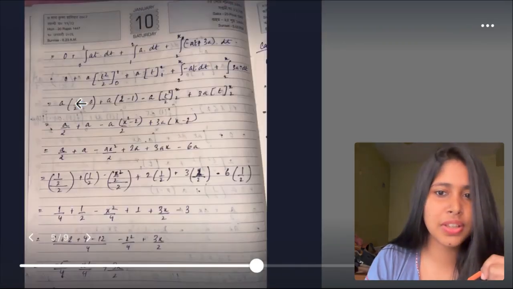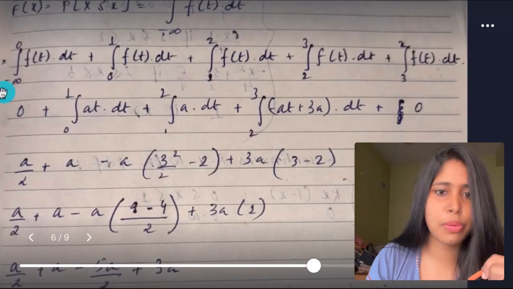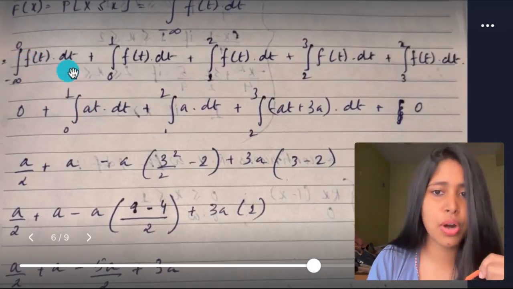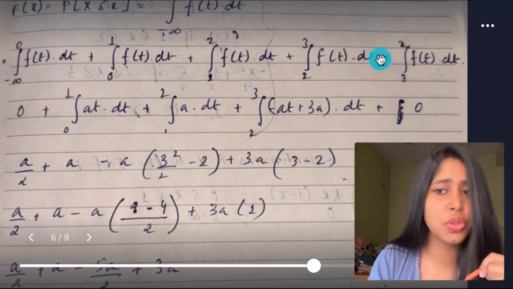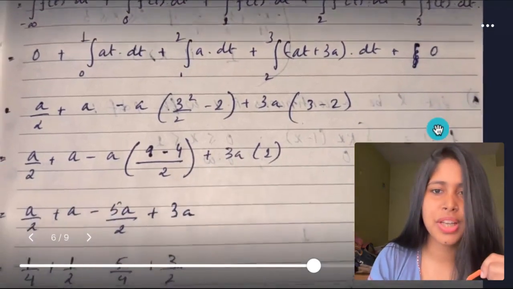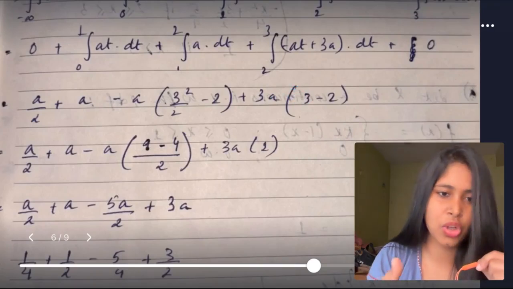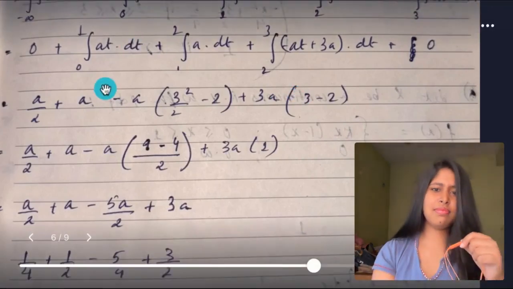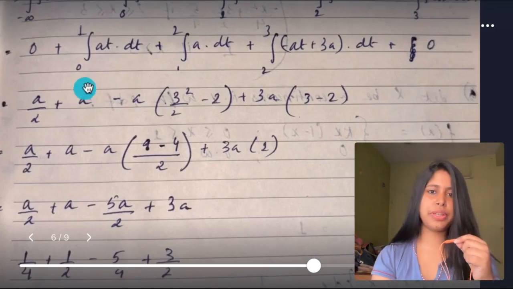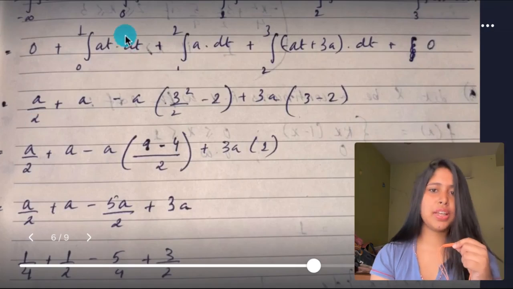Then how will you integrate it? In case number 5, you are going to integrate from minus infinity to 0, 0 to 1, 1 to 2, 2 to 3, 3 to x, but this value will be 0, right? Then you are just integrating as I have explained in all those earlier cases. What will be the integration? First, we take the constant a outside, and we are left with t.